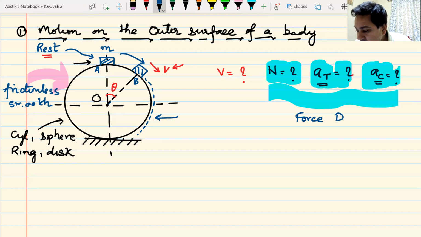You have to write the equation for force. And how does the equation for force come? The equation of force comes from the free body diagram.